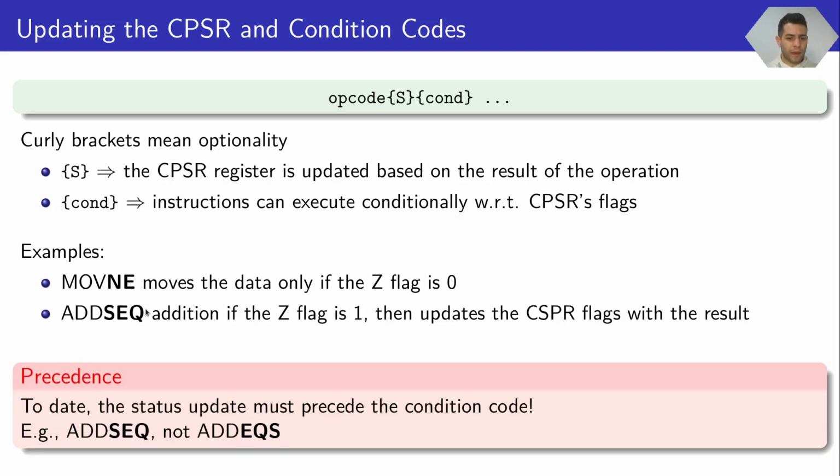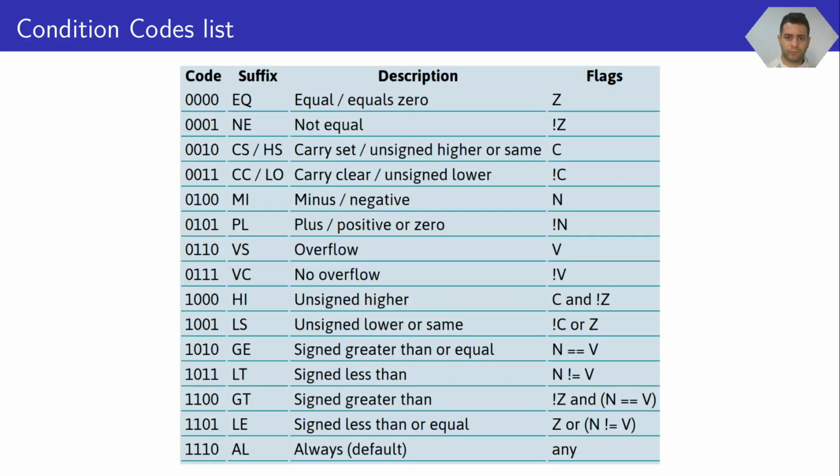So in this case, we are combining the optional S with the EQ condition code. Please keep in mind that this was different in the past, but to date you always have to specify the S before the condition code. Here we have the list of all the available condition codes. I don't want to go over them one by one. The ones that you find most often are EQ and NE, not equal, which we have already seen.